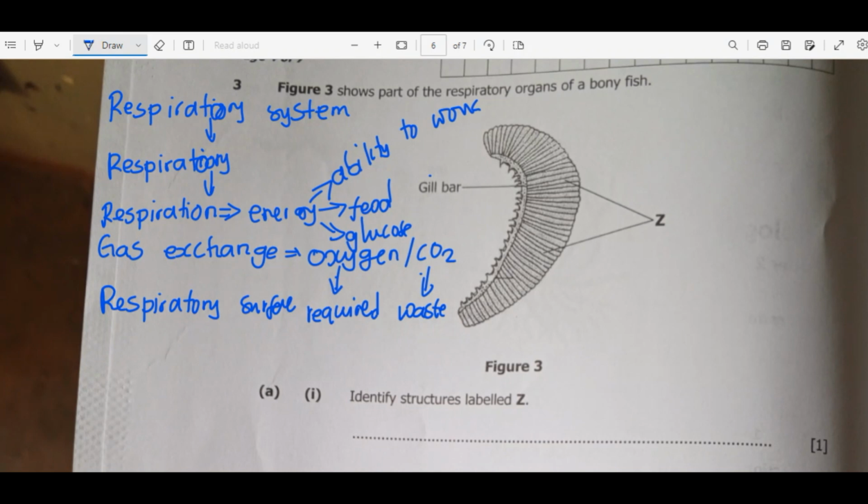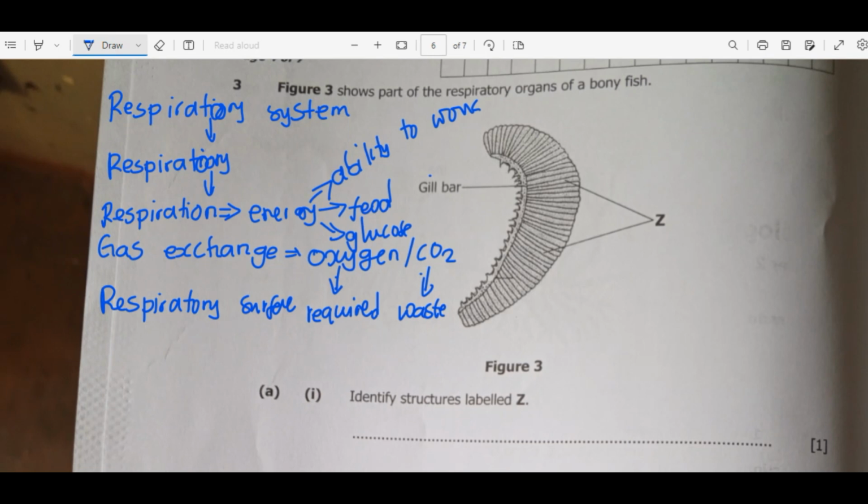Whenever the fish is taken out of water, the gills collapse, and after that, respiration will not take place. Without respiration we are not going to have energy, and without energy the cells will not do their work.